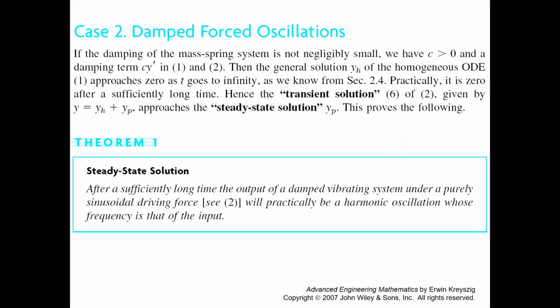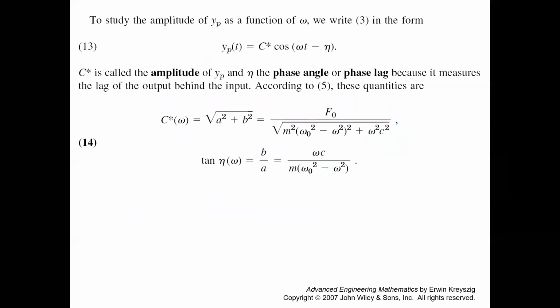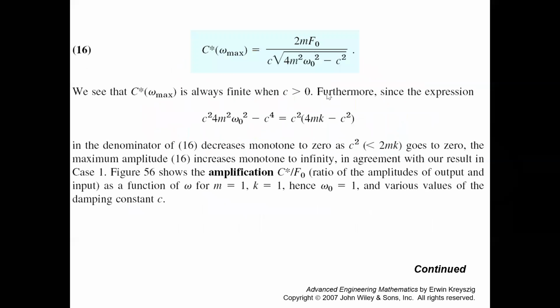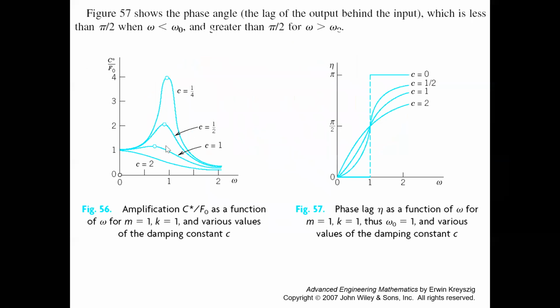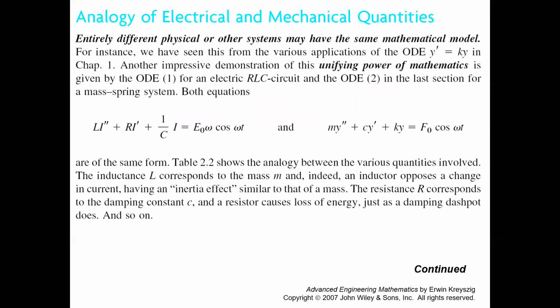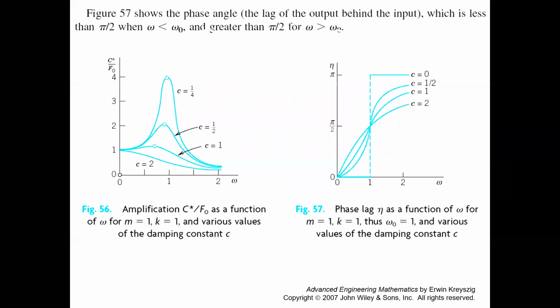Okay, case number 2, damped forced oscillations. In this case, the oscillation will diminish over time. And then the third, I think, is something like this. The underdamping is not of practical interest to us.